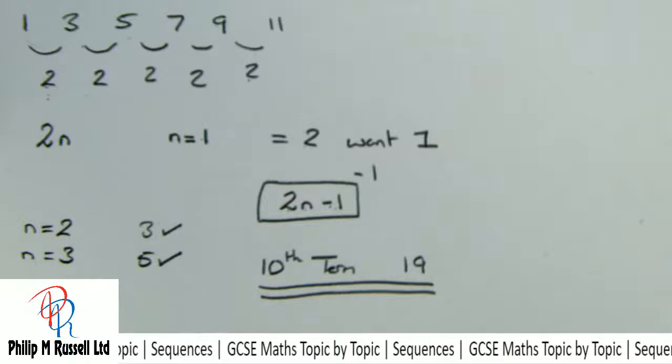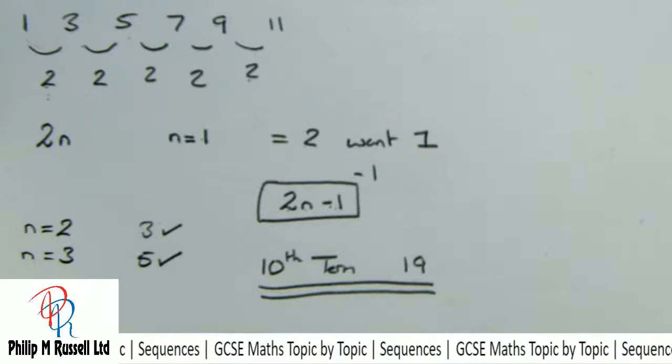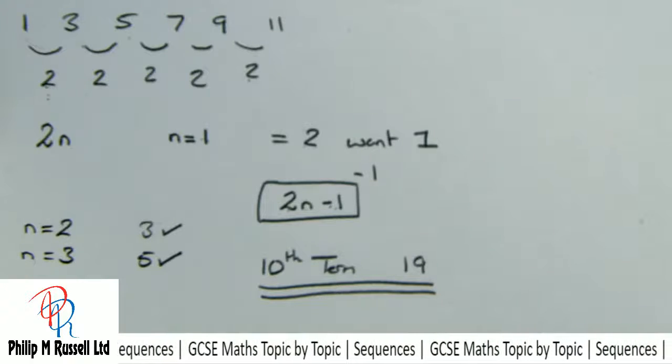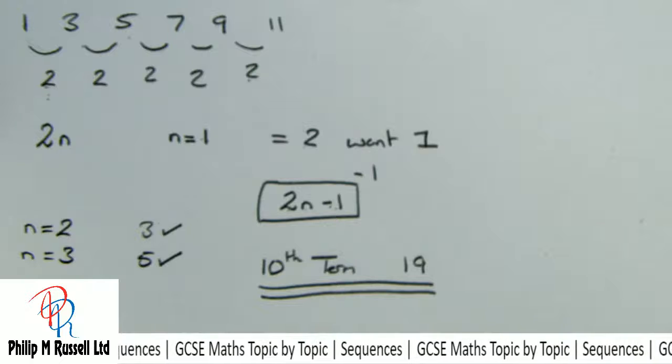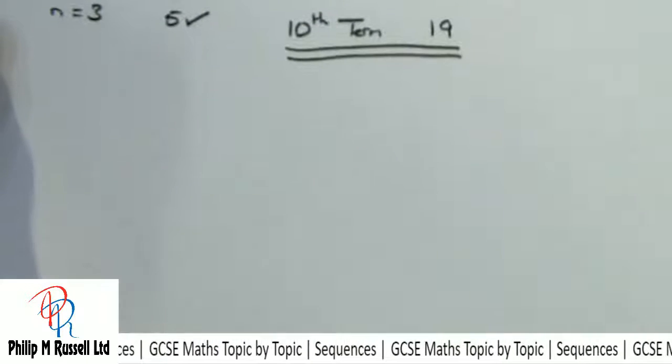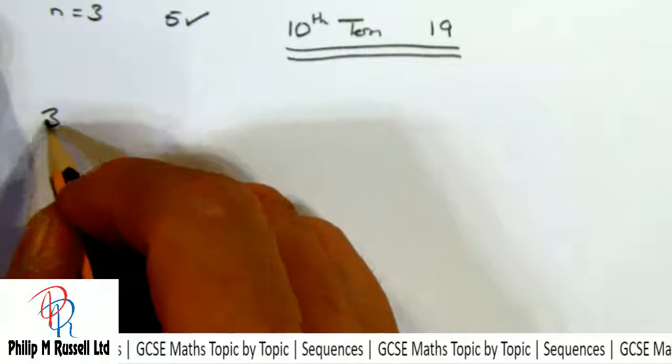Okay, well, that's all right. Let's go and have a look at a different sequence, because they're not all going to be this simple. So let's try one that's just a little bit harder.